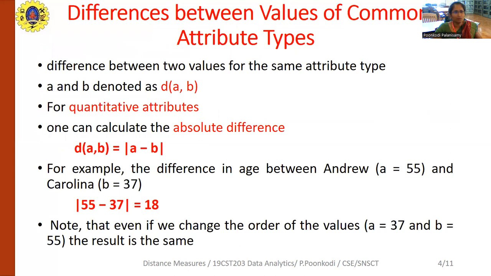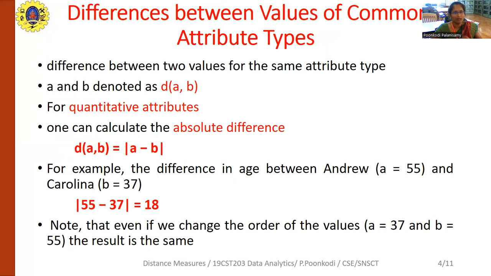Next, we are going to use the two attribute methods, quantitative and qualitative. Here we are going to find out the differences between the common attribute types. If it is quantitative, how would it be calculated?